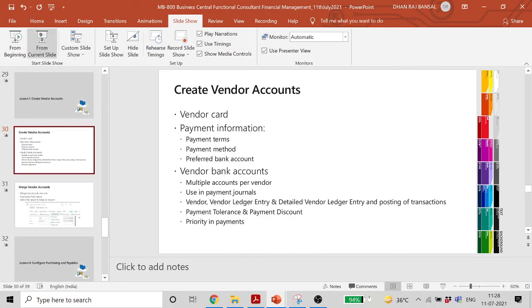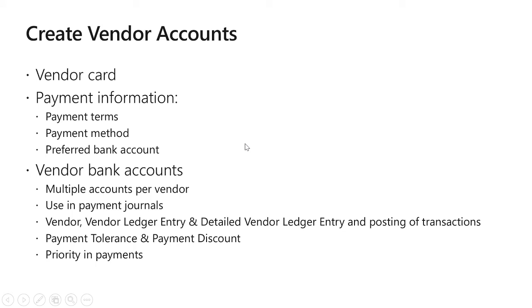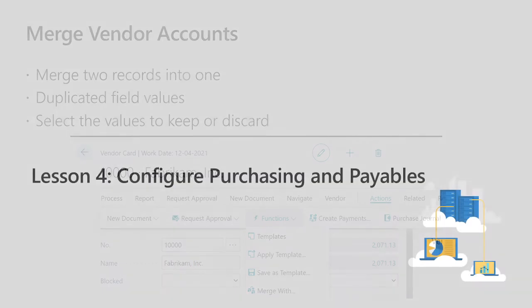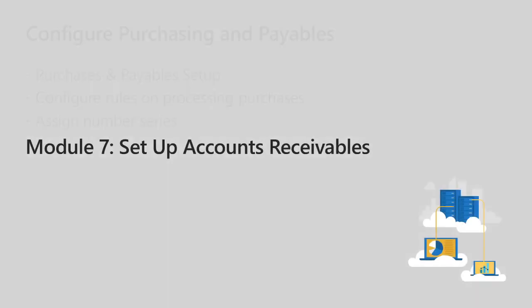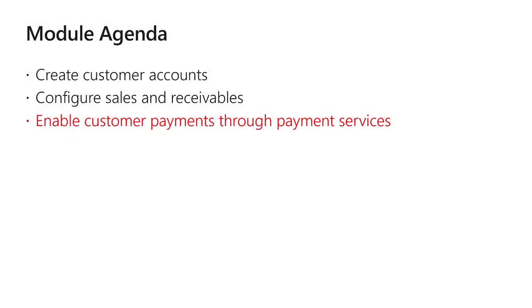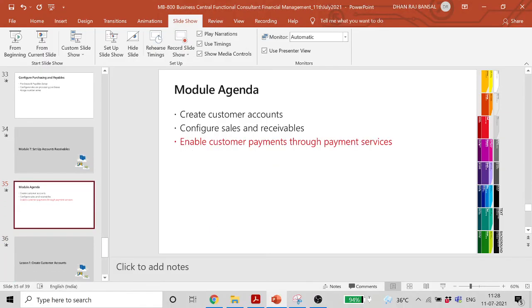Vendor payment information, payment terms, preferred bank account, multiple accounts per vendor, use in payment journal, vendor payment tolerance. I think we have covered almost everything here. Configure purchasing and payables, configure rules on processing, assign number range, set up accounts receivable. We covered vendors in detail.